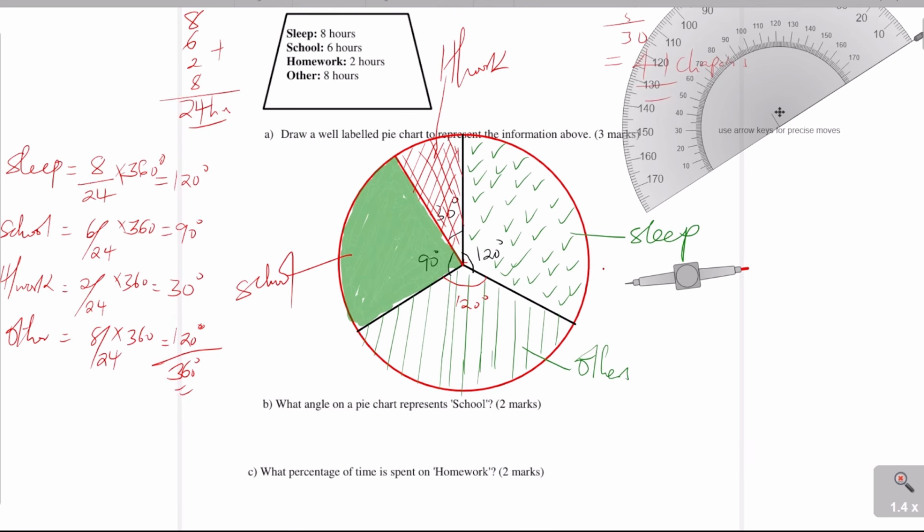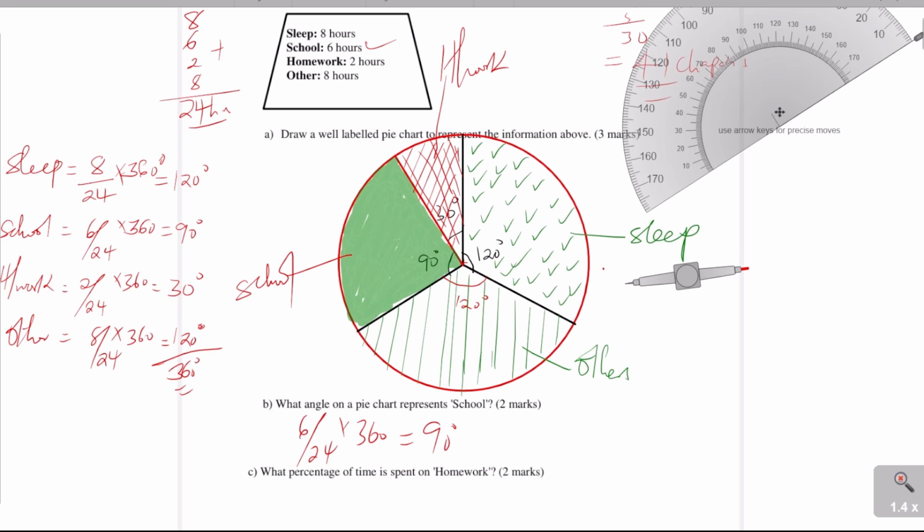Part B, what angle on the pie chart represents school? We have already calculated that. The angle for the school was the number of hours, 6, divided by 24, multiplied by 360, we got that one to be 90.